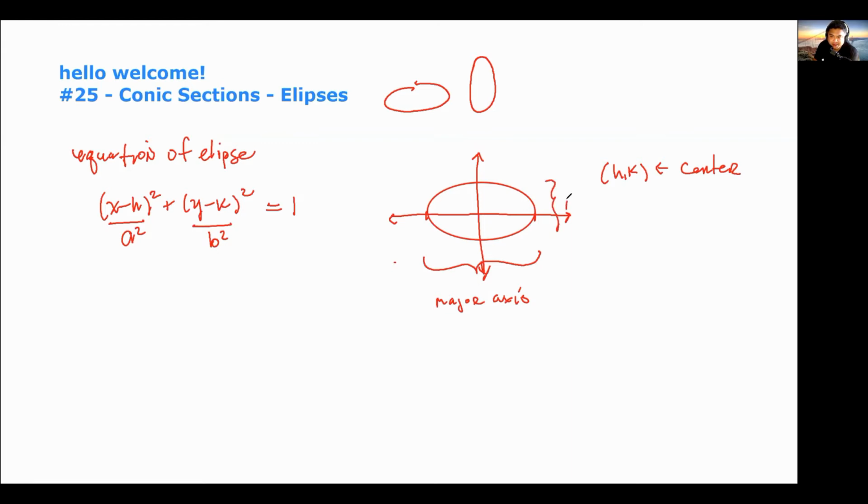And this is the minor axis. Basically, the larger and smaller side, or how it's positioned. This would be a horizontal ellipse, where the major axis is horizontal and the minor axis is vertical. This is actually A, and this is negative A. This would be B. This would be negative B. This is a typical ellipse.